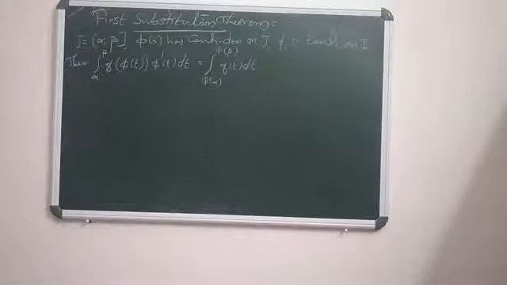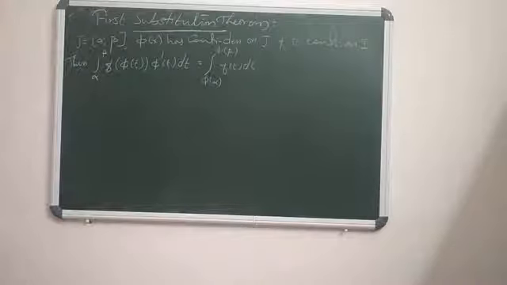So this is the first substitution theorem. The statement is important. Let J equal the closed interval [alpha, beta]. Phi of x has a continuous derivative on this J. f is continuous on I, the closed interval [a, b], which contains phi of J. Then the integral from alpha to beta of f of phi of t, phi dash t dt is nothing but the integral from phi alpha to phi beta of f of t dt.